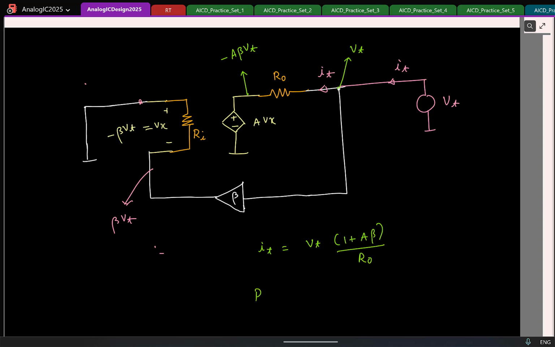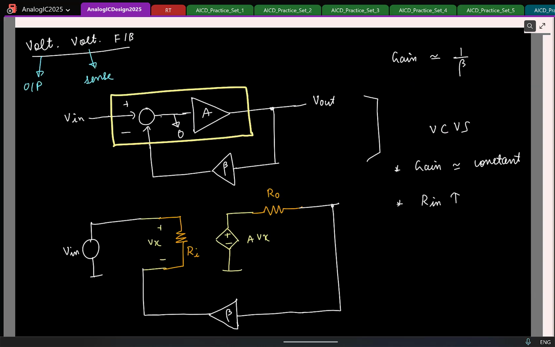So what is my Rout now? The output resistance has become much smaller than what you had before. Even at the output side, we have made it a better voltage controlled voltage source. So I'll remark it here: I find that my output resistance decreases when I put in negative feedback.